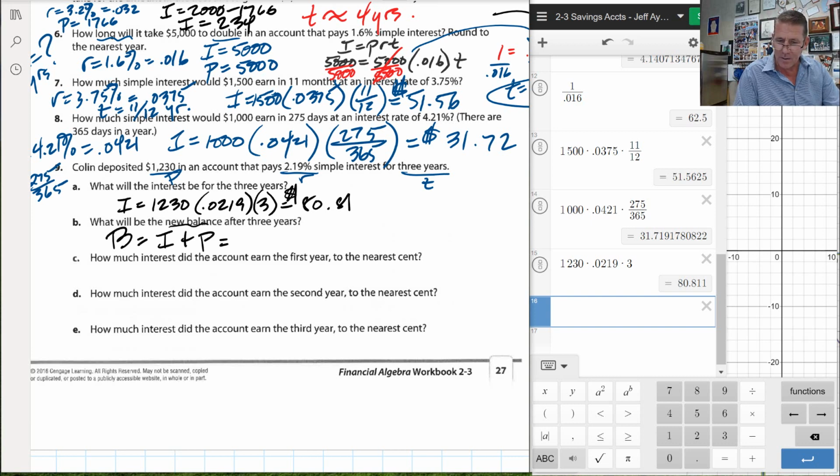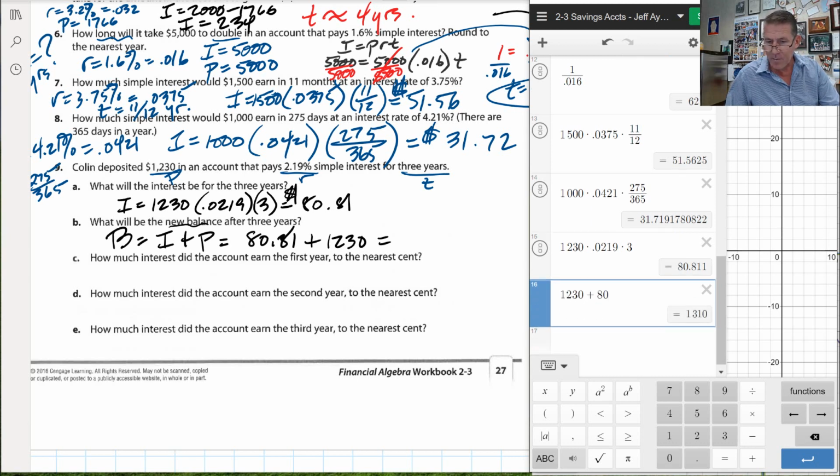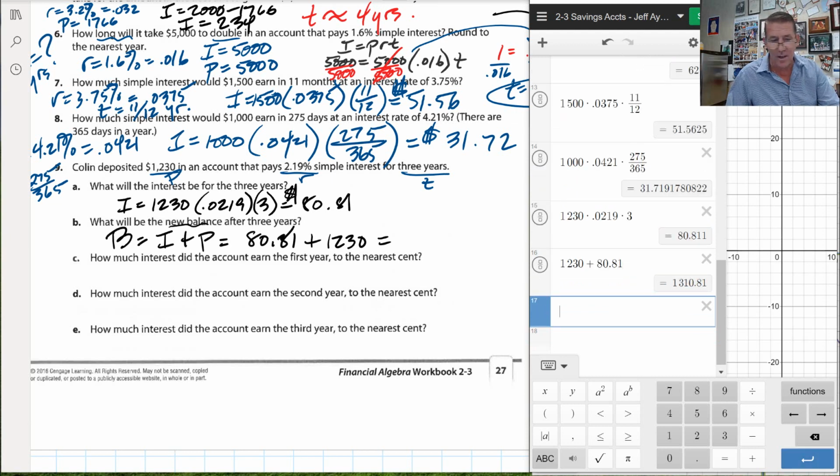So in this case, it's $80.81 plus the original principal of $1,230. So you take $1,230, your original principal, and then you add in the interest that you earned. Okay, they actually pay you interest, believe it or not, for lending them your money in their savings account, and you get $1,310.81.